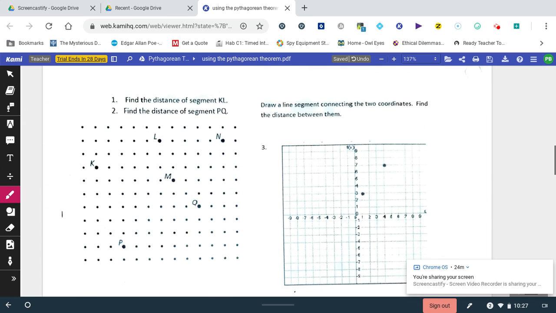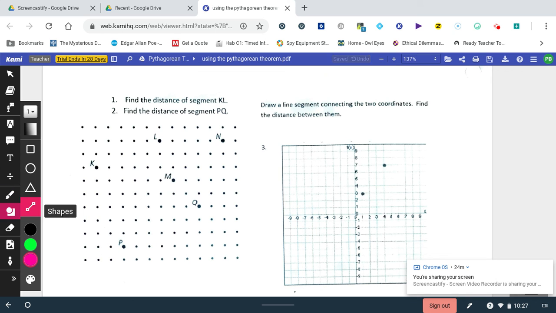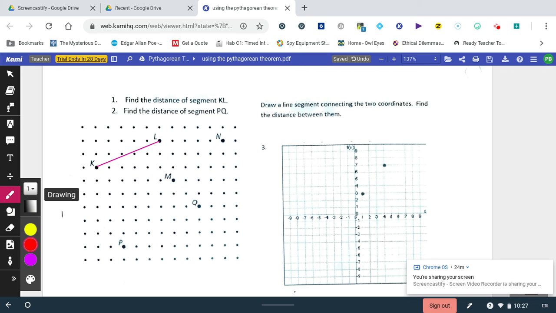Okay, let's take a look at some more. Let's do number 1 here. It says find the distance of segment KL. So I'm going to draw the segment for KL. All right, there's a segment for KL. And then that's going to represent C. And I'm going to draw the triangle underneath it.